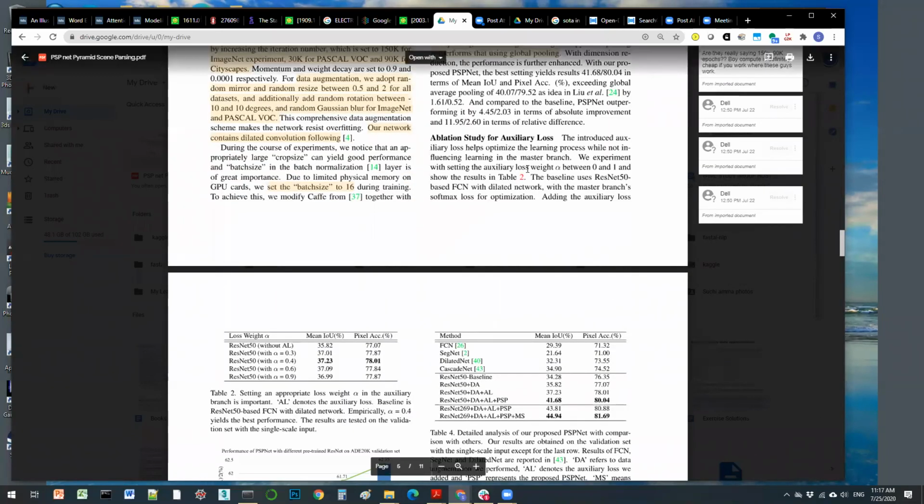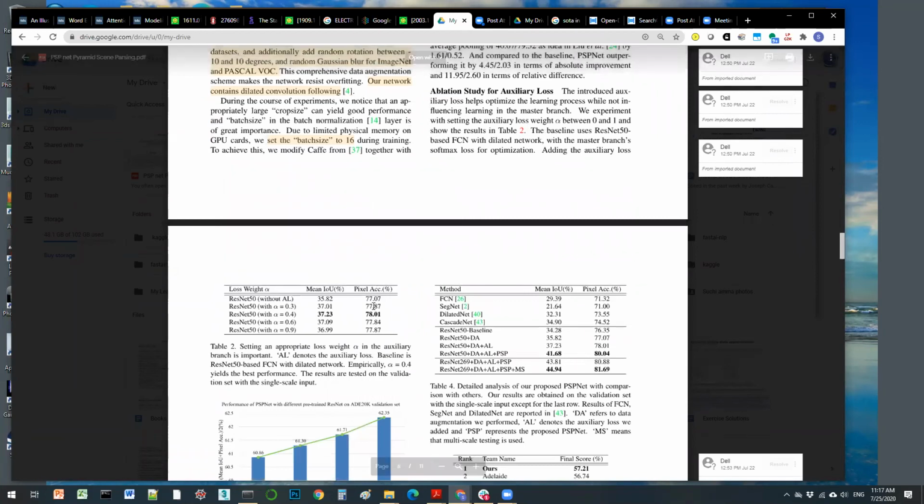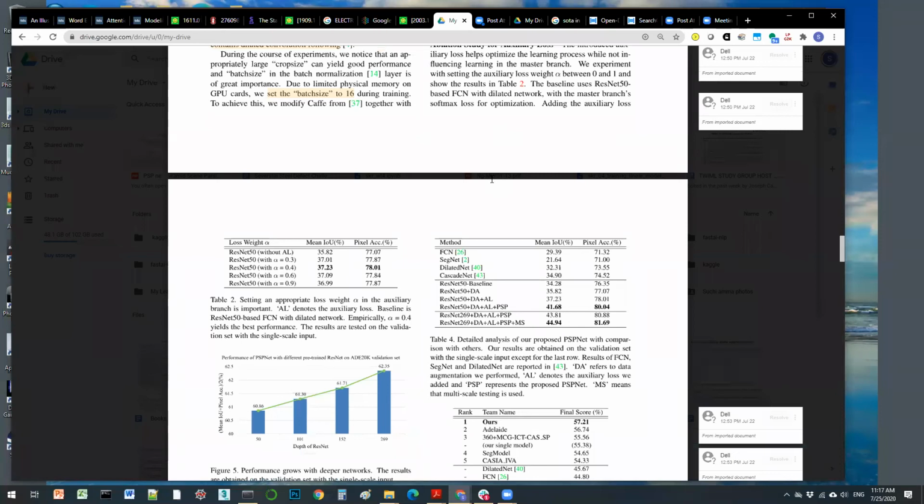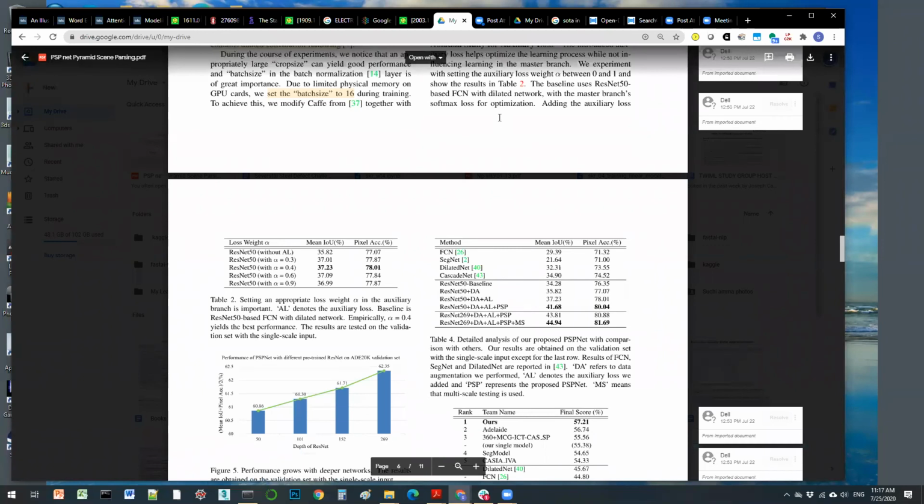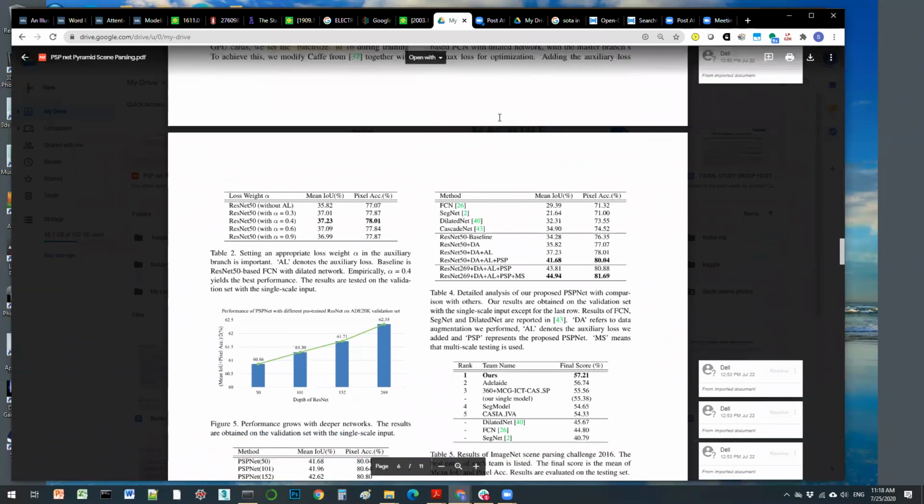And then they have an ablation study for the auxiliary loss, and it doesn't seem to be so substantial. Obviously, if you're going after SOTA and publishing your paper, maybe it matters. But if you're implementing, you could probably safely drop it and not suffer too much. For example, I don't know, they don't do an ablation study on what happens if you can't fit in images and your batch size reduces tremendously.